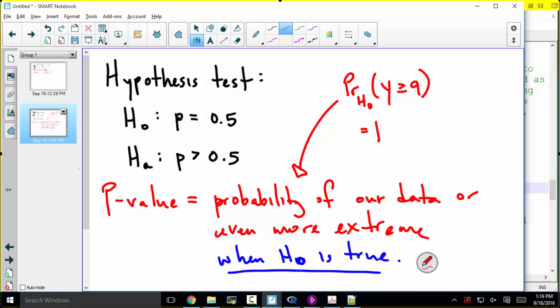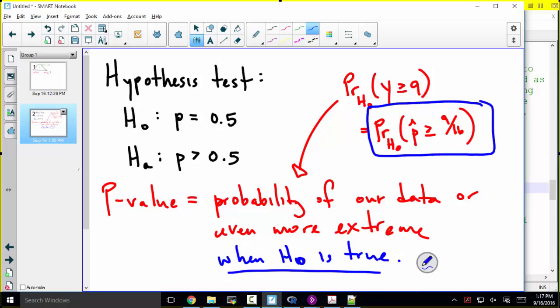That's the same thing as the probability under the null hypothesis that p hat is bigger than or equal to 9 over 16. And what we just did over there in R was get the sampling distribution of p hat under the null, which means we can compute that by just doing the proportion of our 1,000 simulated or bootstrap p hats that are bigger than or equal to 9 over 16.